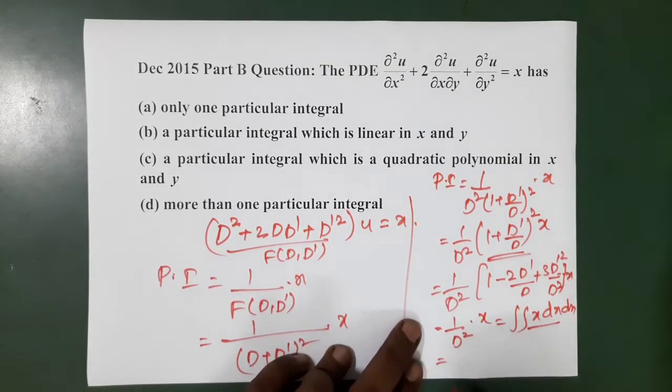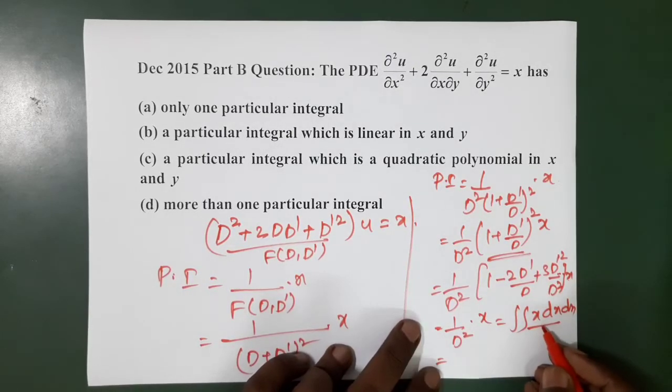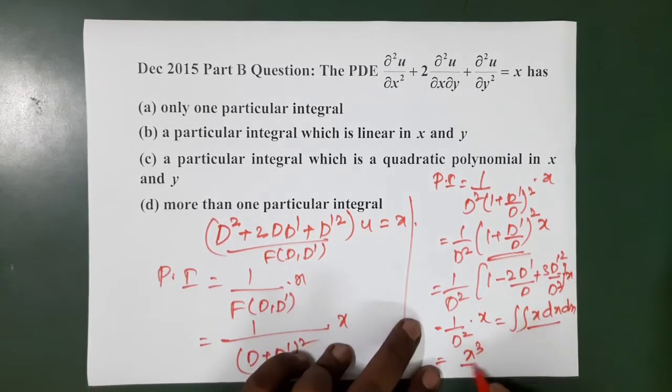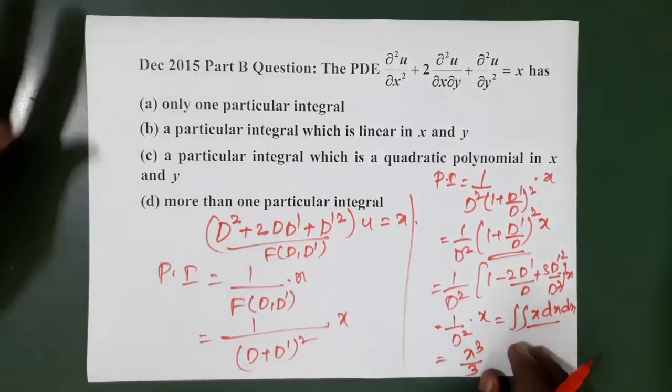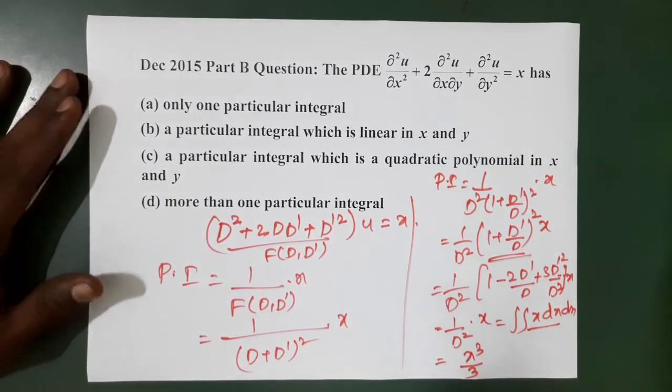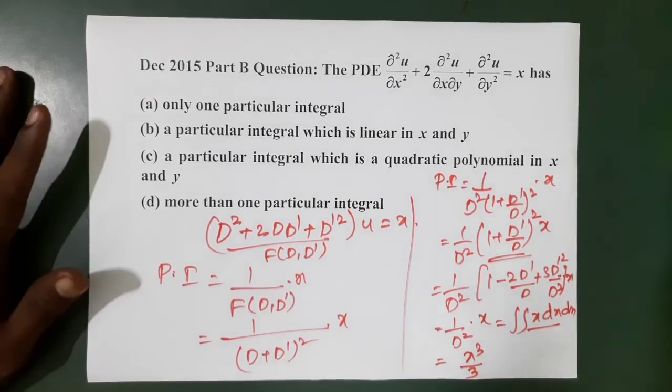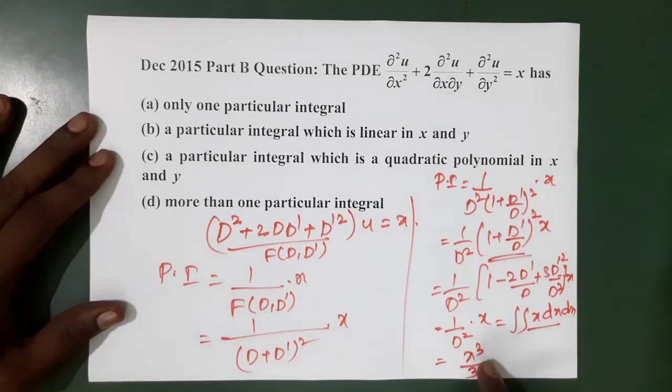If you integrate x once, you get x square by 2. If you integrate again, you get x cube by 3. So this is the part B question. So we have only one answer, x cube by 3.